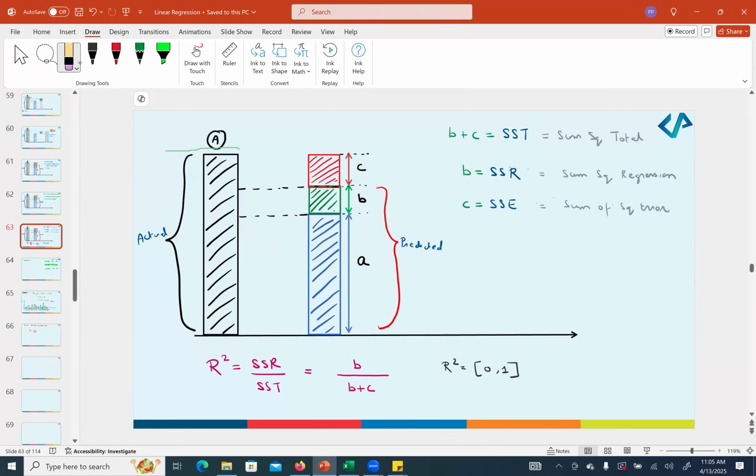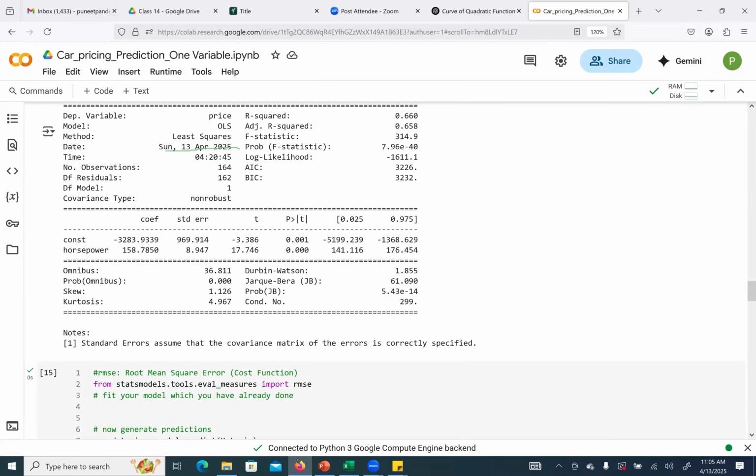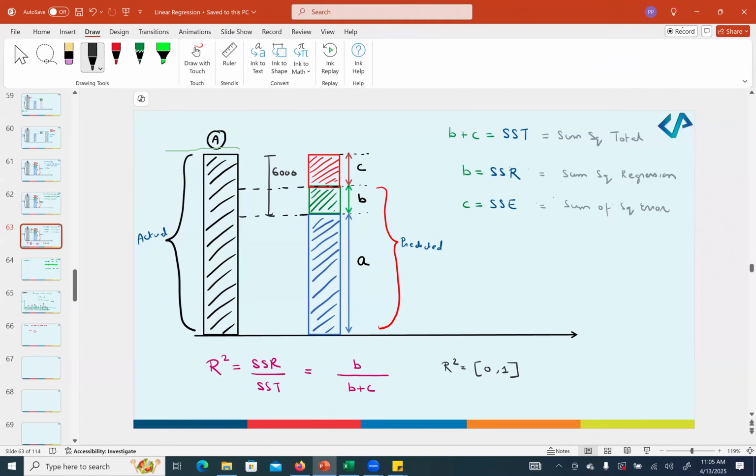Can you explain the example now? It was 6,000. I was saying that, hypothetically, if this much was 6,000, my R square value of 66 means that, on an average, this 6,000 I'm assuming is the distance between the average value and the actual value.